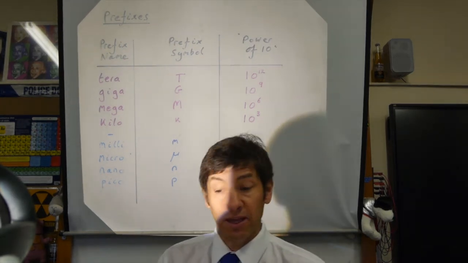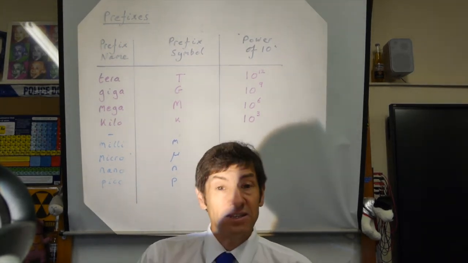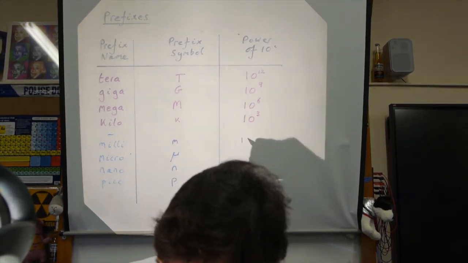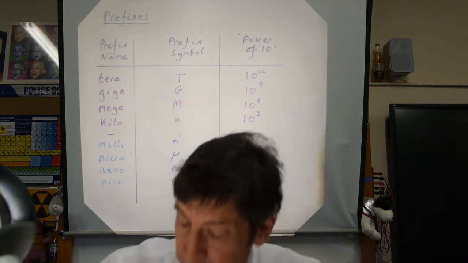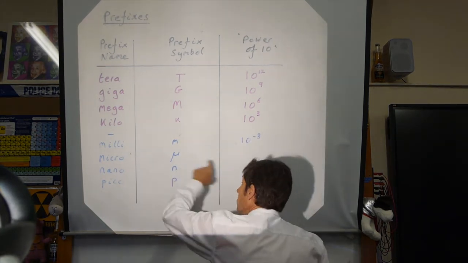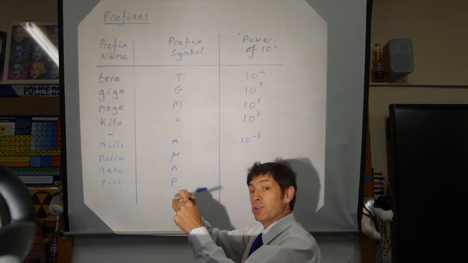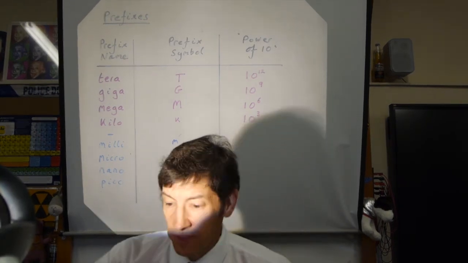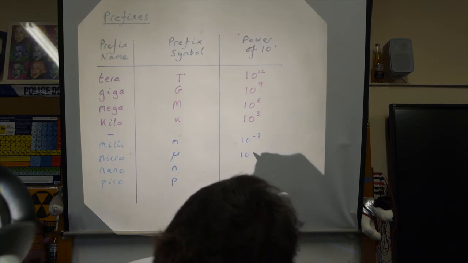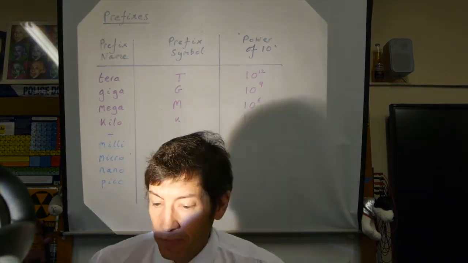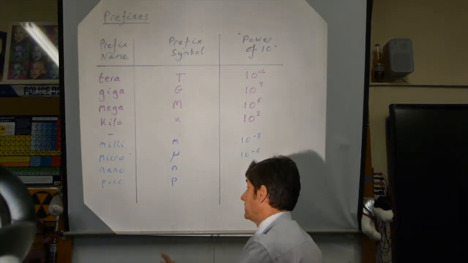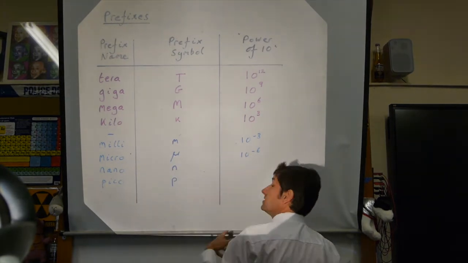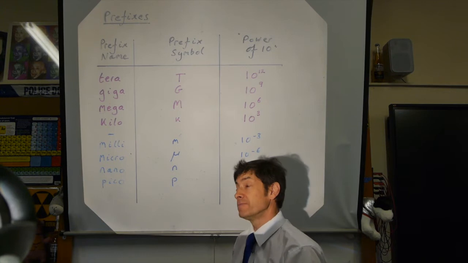This can get a bit confusing. Millimeters are thousandths of a meter, so 10 to the minus 3. A micrometer measures very small distances, so that's 10 to the minus 6. So 1 micrometer will be 1 times 10 to the minus 6 meters.